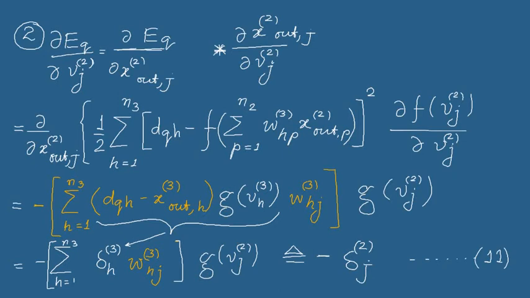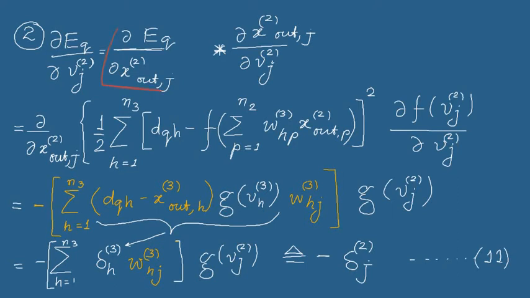So what we do is apply the chain rule here, and we are trying to get the partial derivative in terms of terms that can be easily evaluated. So we have chosen the partial derivative of EQ with respect to x2 out j, into the partial derivative of x out j with respect to vj.